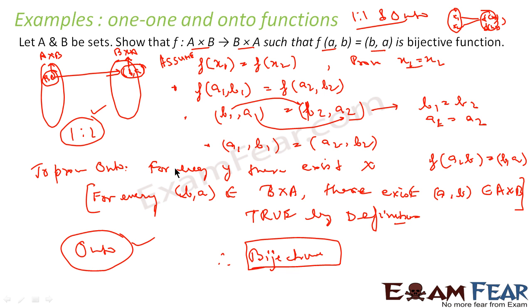To prove it is injective, we assume f of (a1, b1) is equal to f of (a2, b2), and then we prove that (a1, b1) is equal to (a2, b2). We prove it is injective. To prove it is surjective, we have to prove that for every (b, a) that is a member of B cross A, there exists (a, b) that is a member of A cross B. This is true by definition itself. Thus the function is surjective, or onto.